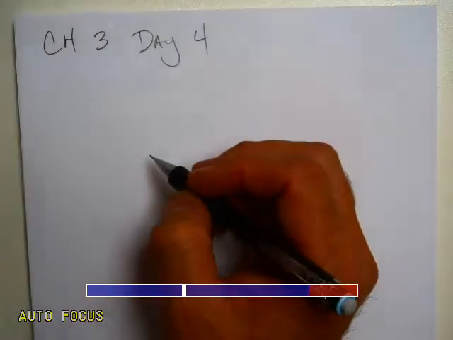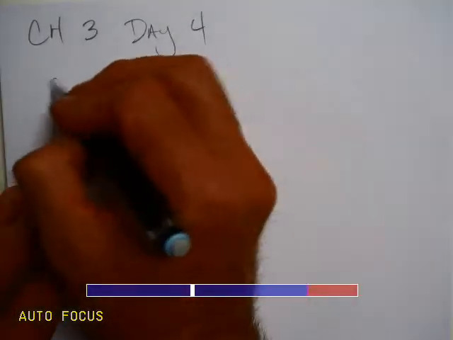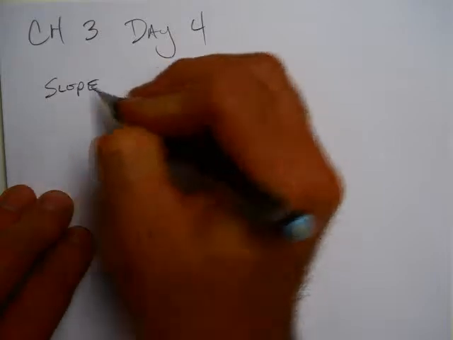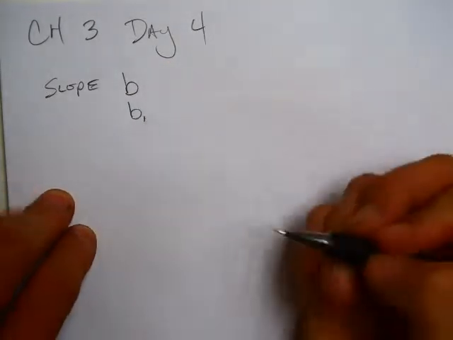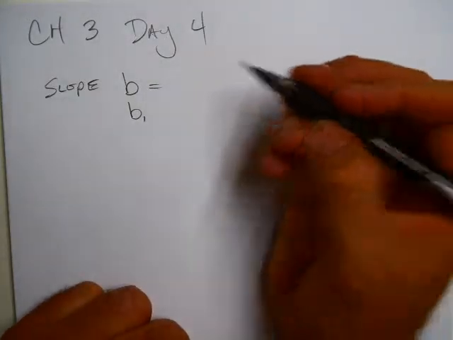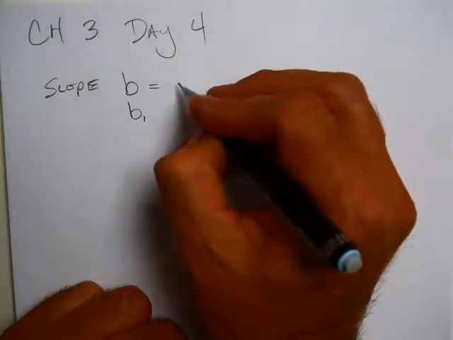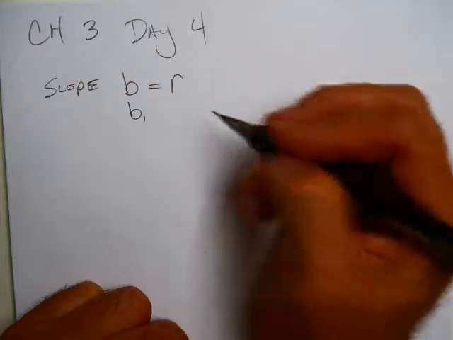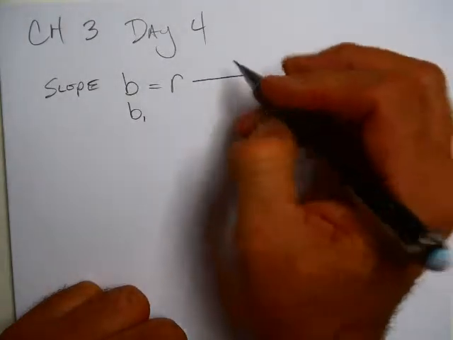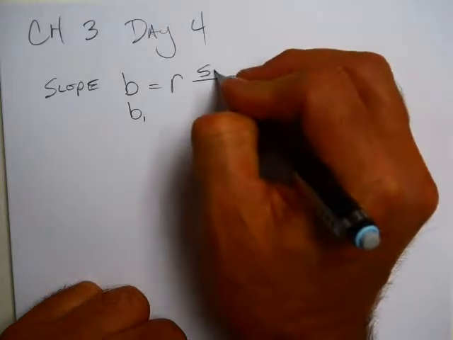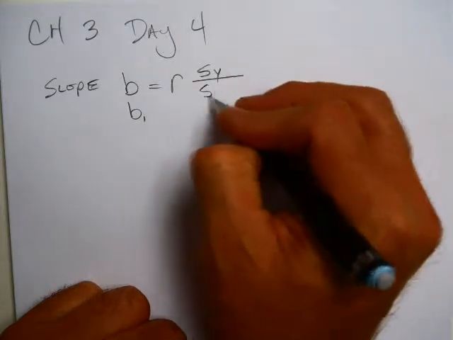So in the book it says that the slope of a line, in our case B, in the book's case that's B1, equals the R value, that's your regression value, times S sub y over S sub x.